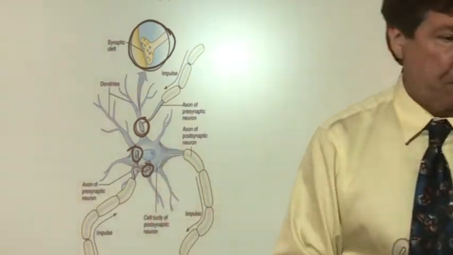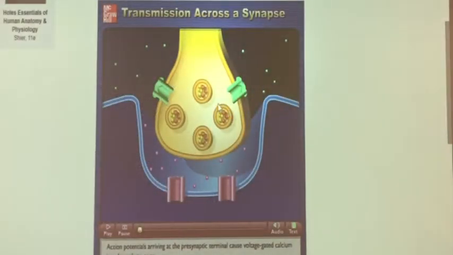Let's do it. Here's our synaptic vesicle. May have acetylcholine or any number of different neurotransmitters that would be important. There's the synaptic cleft. This would be a dendrite possibly, or the cell body of a nerve cell.